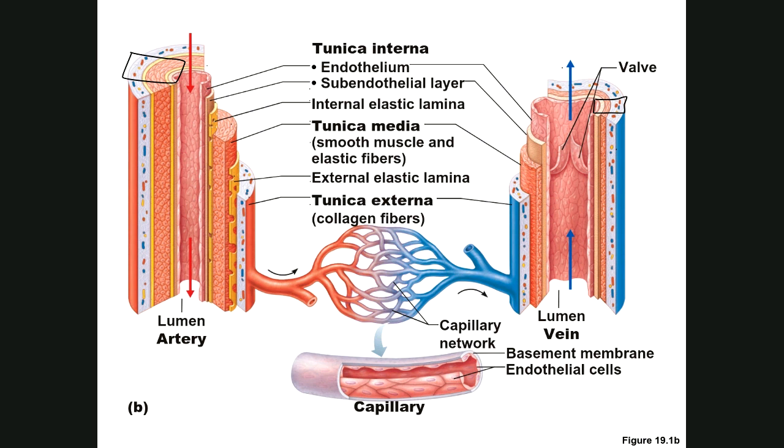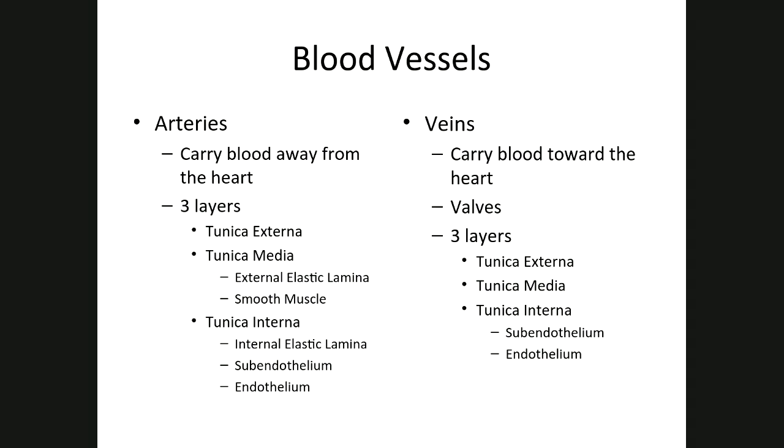Well, when we look at an artery or a vein, they have 3 layers. And the layers are called tunics. Tunic means coat. So they sort of have 3 coats around them. 3 tunics. There's one that's touching the blood.